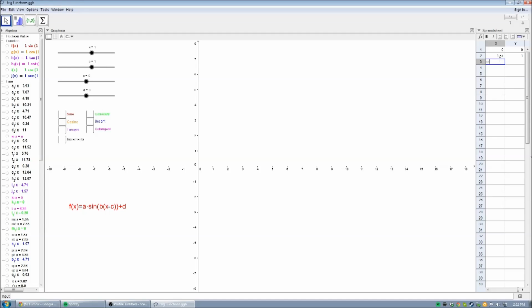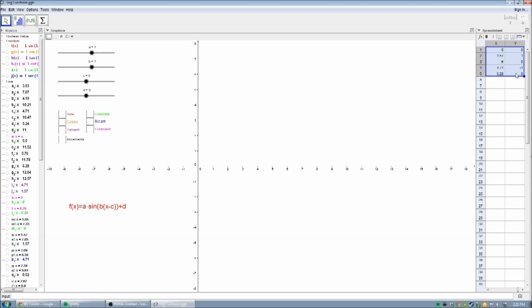If x is pi, y is 0 again. If x is 3 pi over 2, y is negative 1. And if x is 2 pi, y is going to be 0 again.